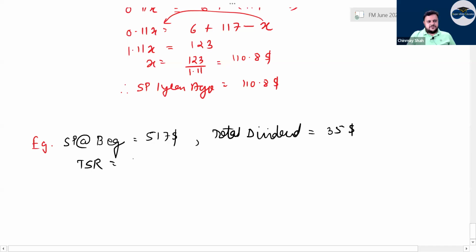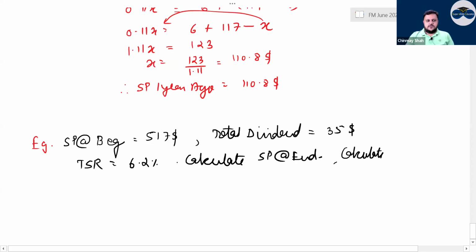TSR is equal to 6.2%. Calculate share price at end, comma, calculate CG on shares.